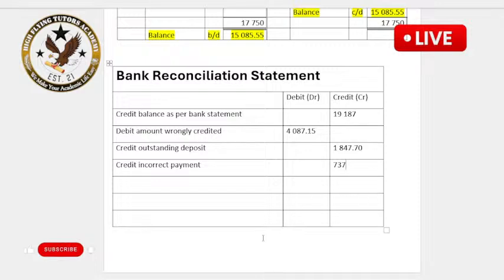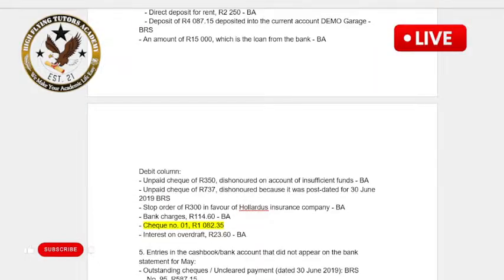Because remember, let me just go back there to clarify this one again. Remember, this payment was an unpaid check of 737 dishonored because it was post-dated for 30 June. So that payment cannot be made at this time. It will be paid in June.